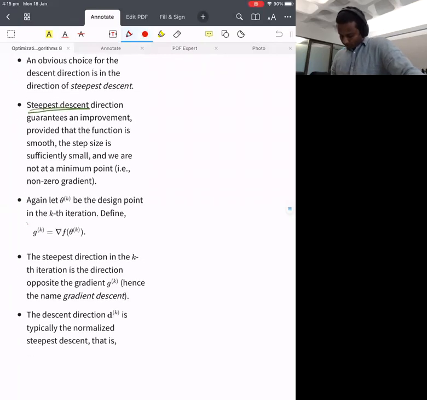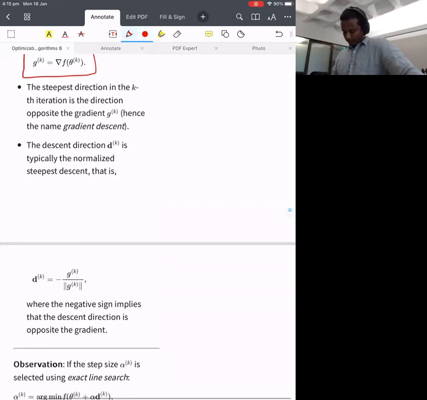Let's denote, throughout this talk, the gradient at theta k by GK, and this is the steepest ascent direction. So by applying minus, we get steepest descent.